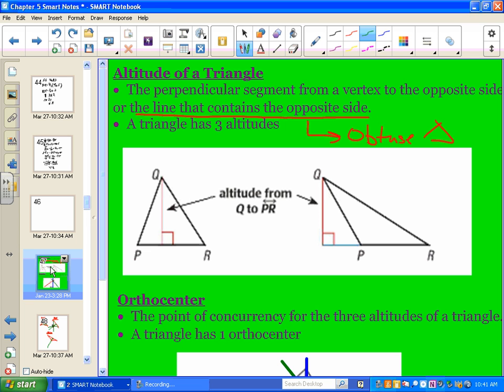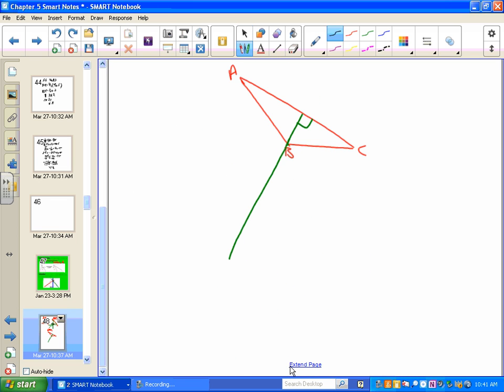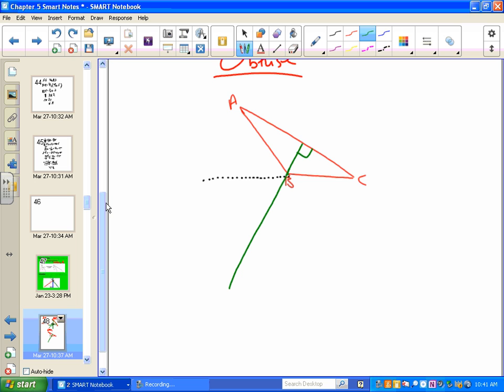So, line segment BC, we're going to take that line segment and extend it out. When we extend it out, we can now draw the altitude from vertex A. There it is. And they'll intersect down there.